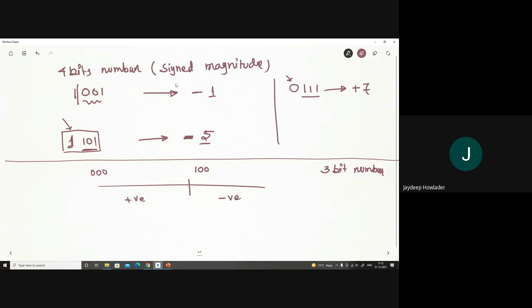So look at the representation of 0 and the representation of 4. This one says it is positive and its magnitude is 0. This one says it is negative and its magnitude is 0.